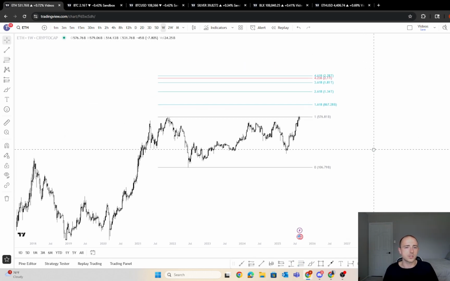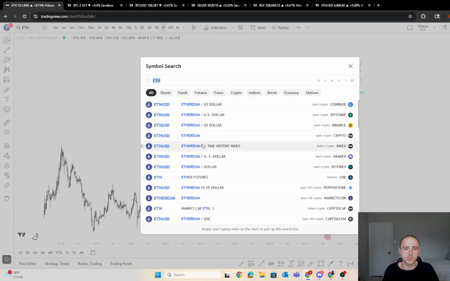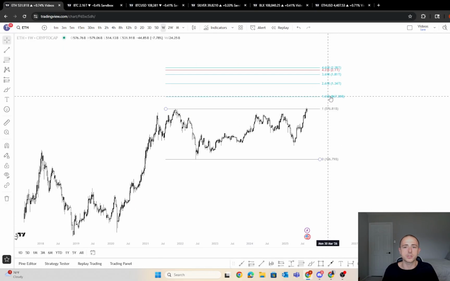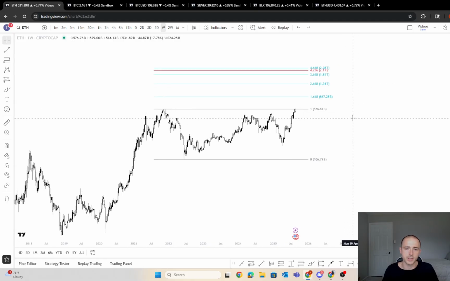One thing you guys will notice, and if you watch my short form content as well, we always work off the market cap. So here on Ethereum, we are on the Ethereum market cap chart, right down here. And we can do some very, very simple calculations to actually get price predictions for each one of these levels. So let's go ahead and do that right now.